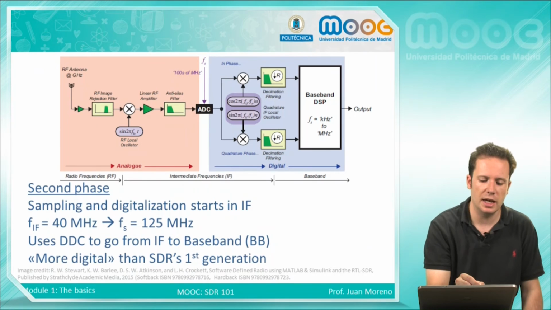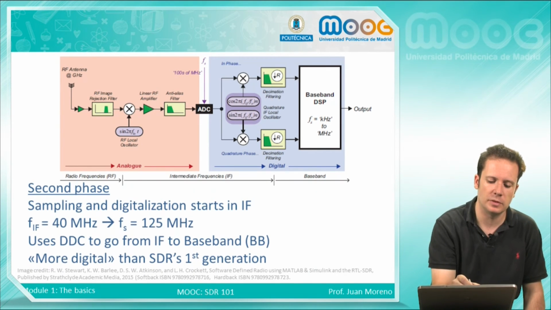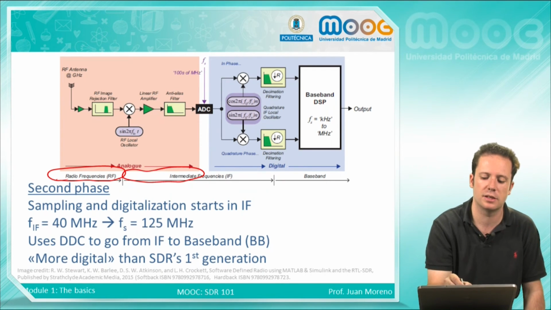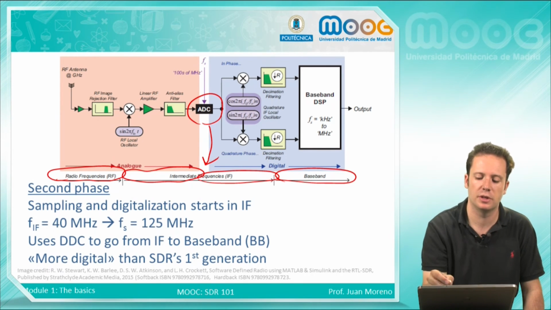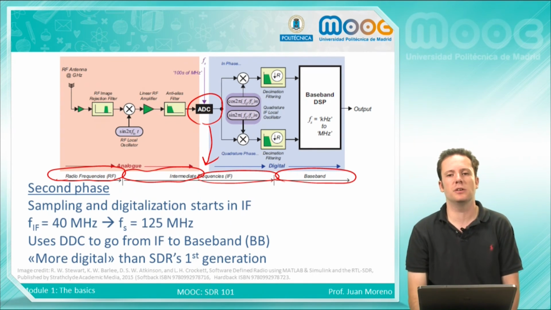You have an analog domain, and a part of this analog domain is on the RF domain, and the second part is on intermediate frequencies. As we said, some of the processing starts on intermediate frequency. This conversion is done on intermediate frequency. And finally, we do all the baseband processing after the last frequency conversion.